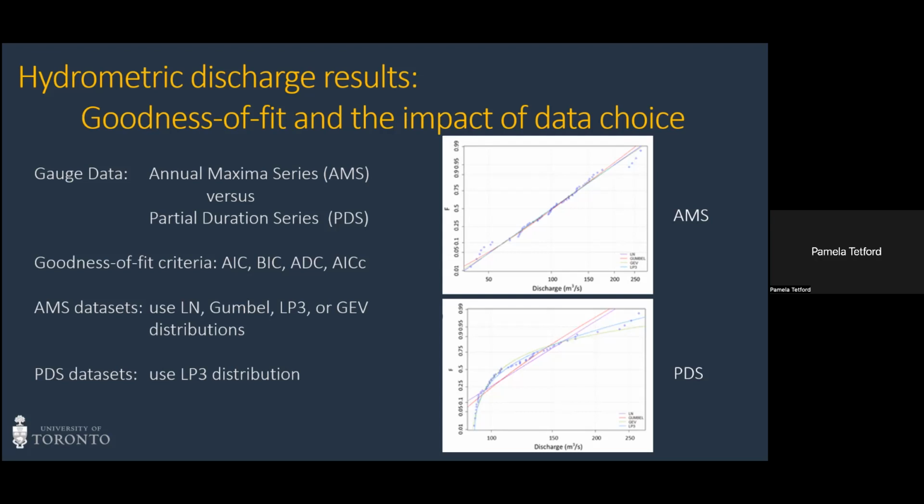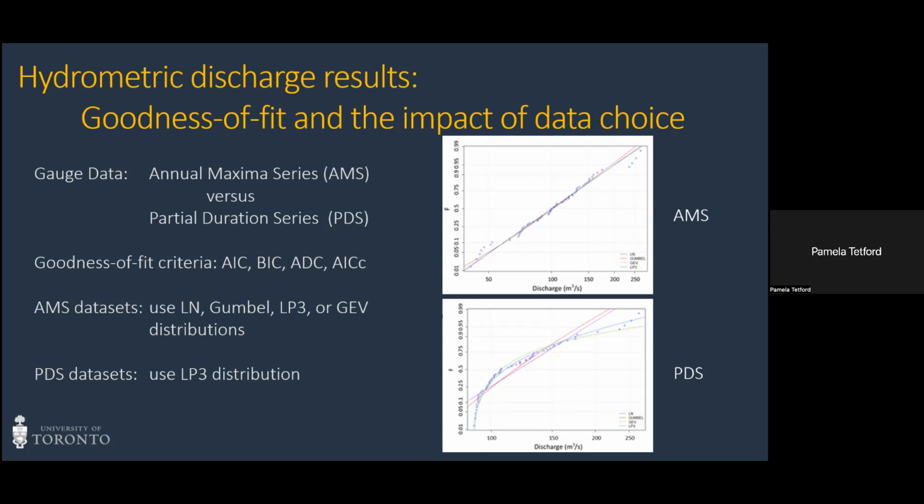And in general, what was interesting, the AMS data sets, we found that they did not similarly point to one specific statistical distribution that should be used, but they were spread out across the log normal, Gumbel, and LP3 models.